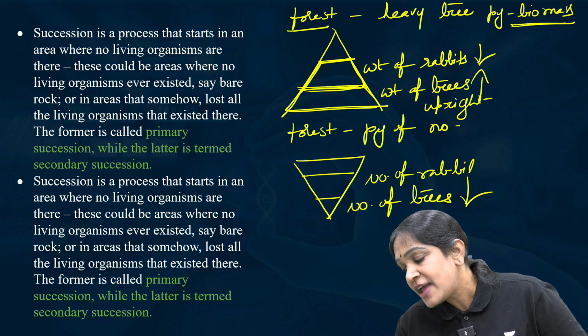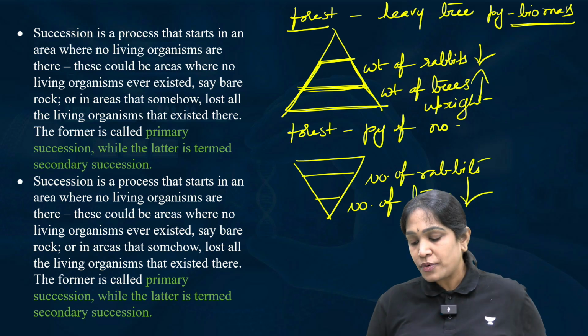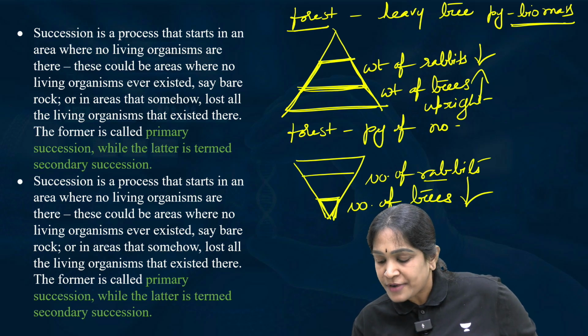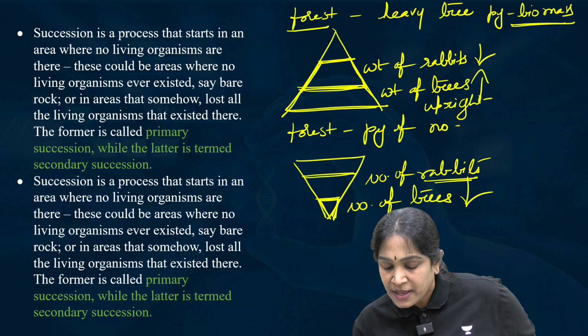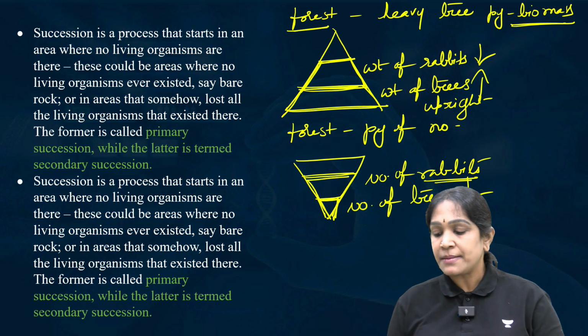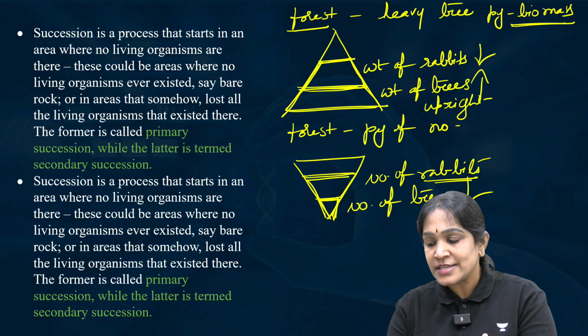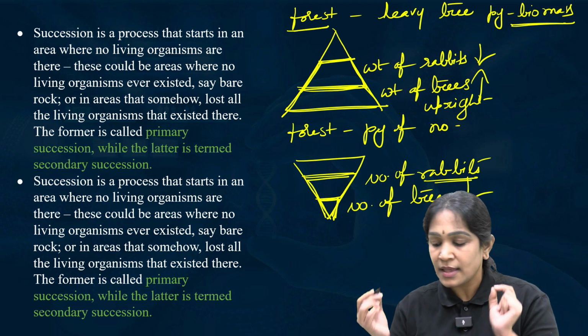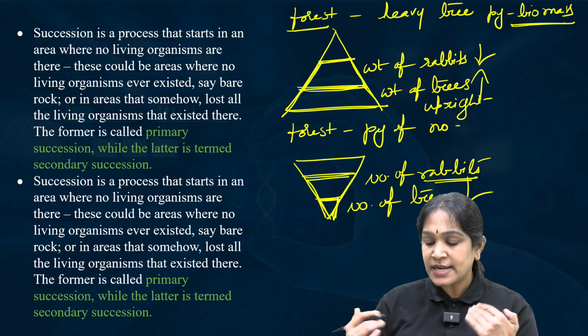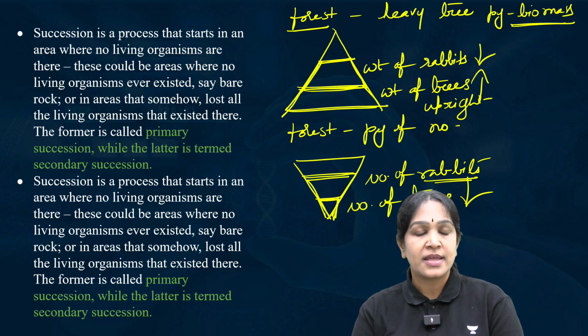Here the number of trees will be less, so narrow shape, and the number of rabbits will be more, so this will become broader. So if you take the pyramid of biomass in the forest, it is upright. If you take the pyramid of numbers in the same forest, it can be inverted.